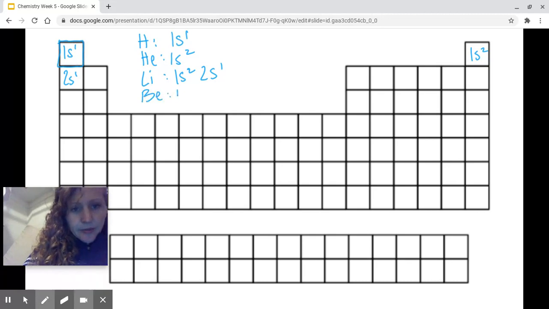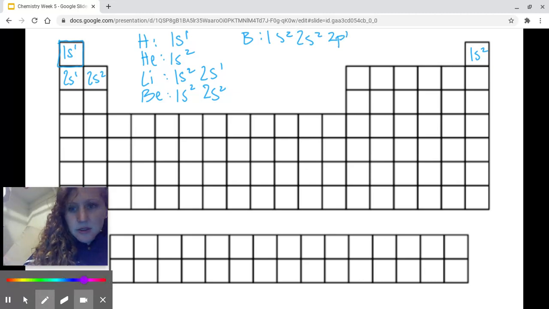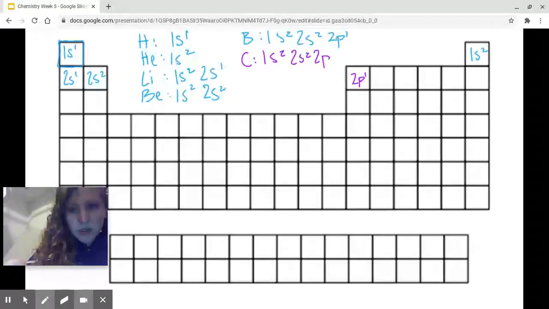Beryllium has 4 electrons, 1s2, 2s2. Boron is next, 1s2, 2s2, 2p1. All right, carbon, 1s2, 2s2, 2p2.